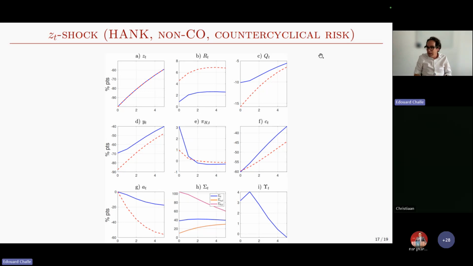So typically, if you see a negative productivity shock, look at the dashed red line. Following this shock, relative to the previous case where we had Cole-Fed elasticities, even in RANK, you do not want the exchange rate to appreciate, the domestic consumption basket to appreciate so much.